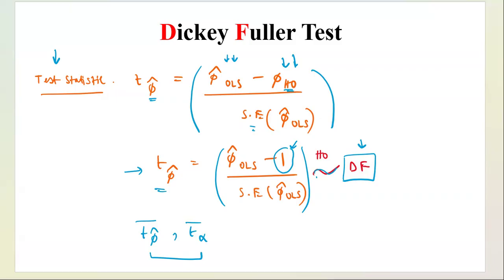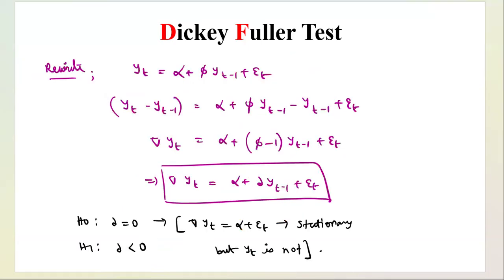So the only difference is in the test statistic. The rest of the things are the same, and it basically follows the Dickey Fuller distribution, right? It is the same as the T distribution and Z distribution; they are separate distributions, and this is also a separate distribution. And the table is also given in your statistics books. So this is how you perform this test.